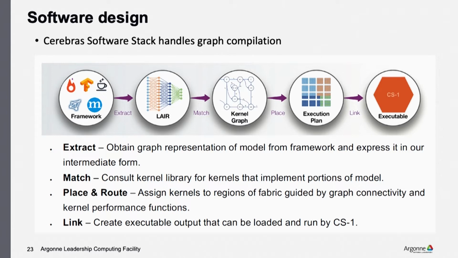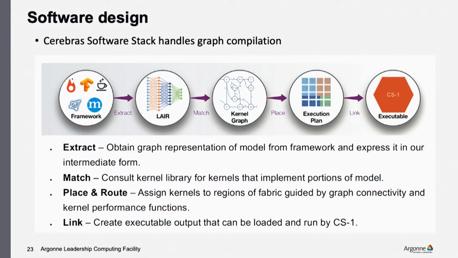The first step is to extract and obtain the graph representation of the model from the frameworks and express it in templated forms. The second step is to match the library to the real library from Cerebras.